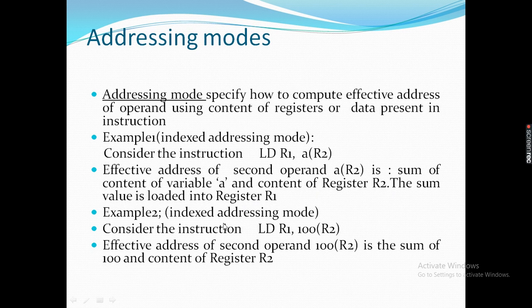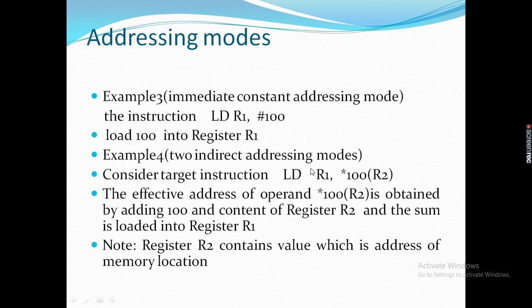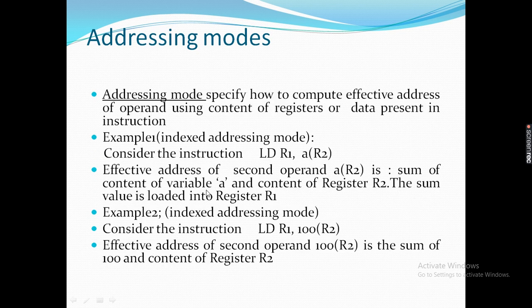Example 2, indexed addressing mode. Our target machine model also supports this second example. Consider the instruction LD R1 comma 100 of R2. In the earlier instruction, the variable name is specified.